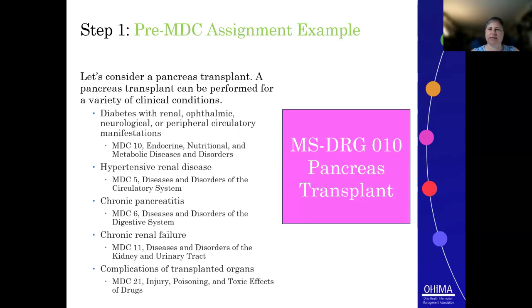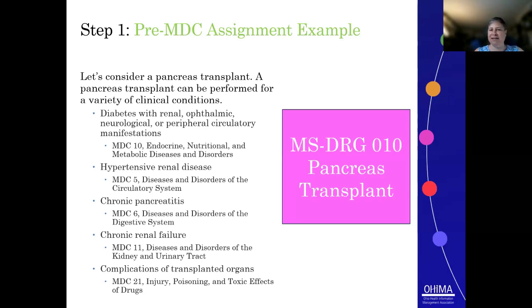We're going to use MS-DRG 10, pancreas transplant. If we think about a pancreas transplant, it can be performed for a variety of clinical conditions, and I have some of them listed here on the left side of this slide. Diabetes with renal, ophthalmic, neurological, or peripheral circulatory manifestations.